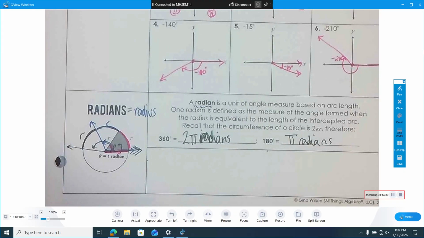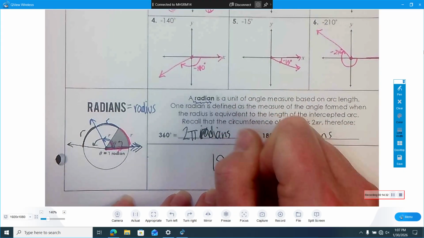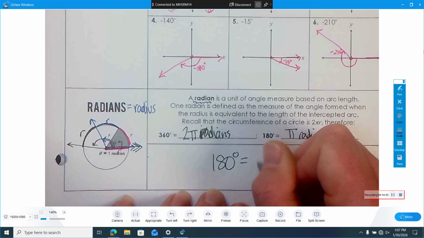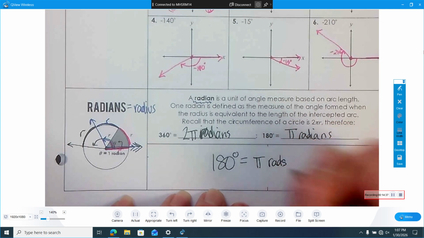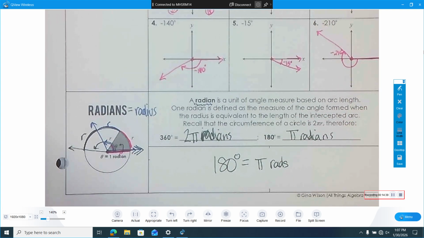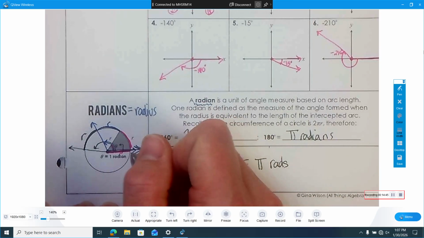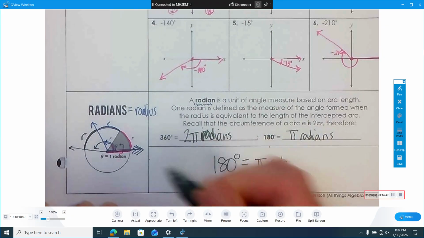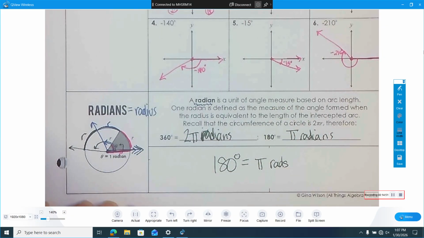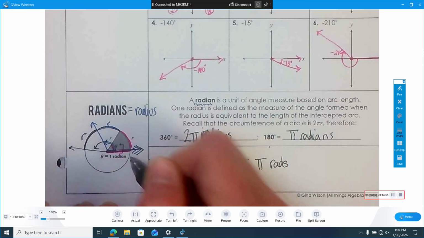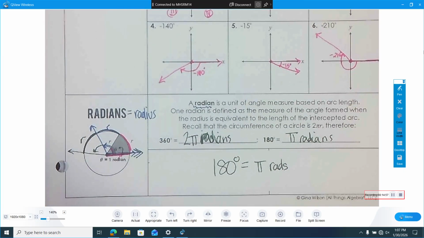And so we're going to use this 180 degrees equals pi radians. And that's going to help us convert, okay? William said it was 6.28. You're right. All the way around 2 times pi, 2 times 3.14 is 6.28. So we get about 6.28 radians to complete that rotation, which is kind of interesting.